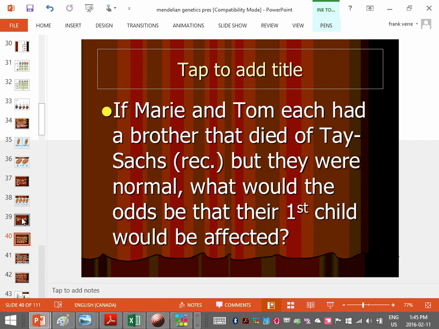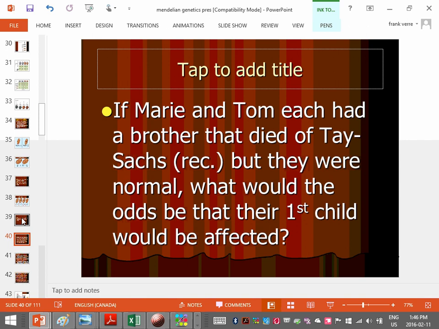I believe it's fat, but don't quote me on that. And the brain accumulates these toxic substances, and it ends up being fatal. The baby does not survive past about 4 or 5 years of age. So someone with Tay-Sachs does not become an adult that can have babies. Okay? So Marie and Tom obviously do not have Tay-Sachs.